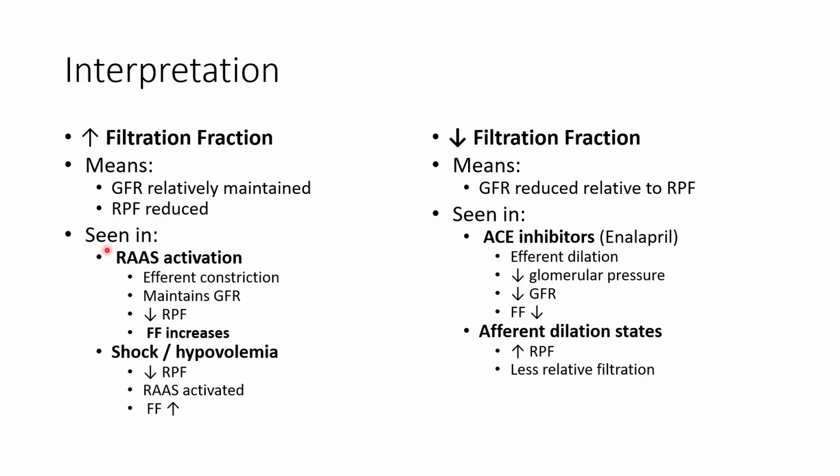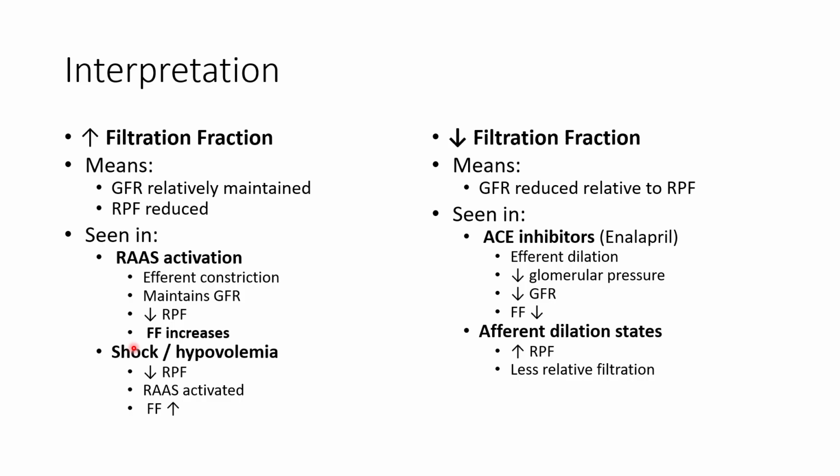So in total, it does increase GFR by constricting the efferent arteriole, but grossly it reduces the blood supply reaching the kidney. Therefore, the FF increases. Apart from this, it is also seen in shock and hypovolemia, because there is already less blood that can reach the kidney, like in the whole body, the amount of blood that can reach is less.